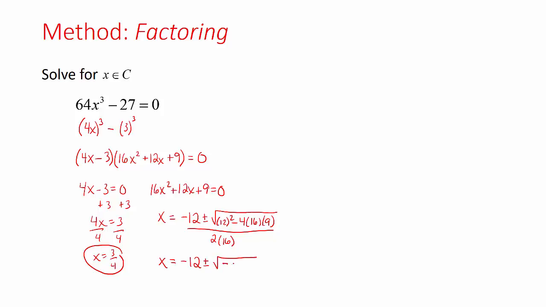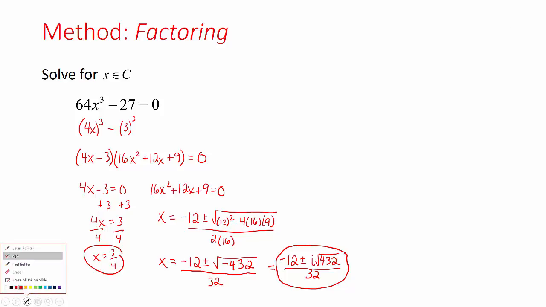And in here, this is negative 432. That's our discriminant over 32. I wouldn't worry about simplifying this, but I definitely would want you to write this with that imaginary component, so I'm going to take the i out, if you will. And that's really 2 solutions, so in total we have our 3 solutions.